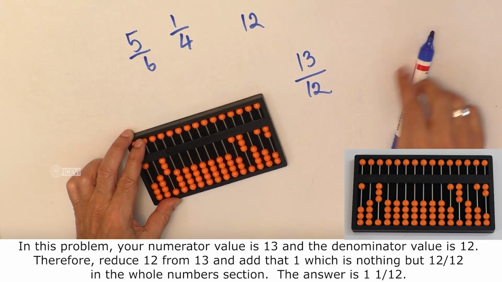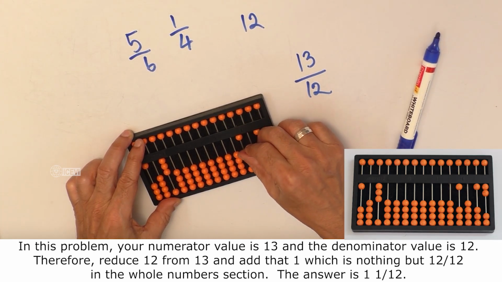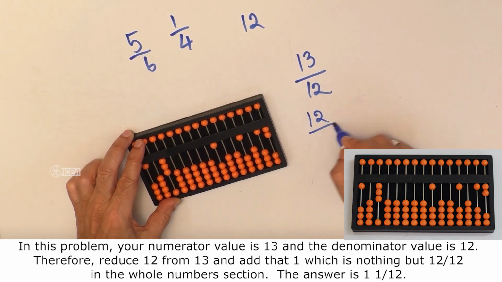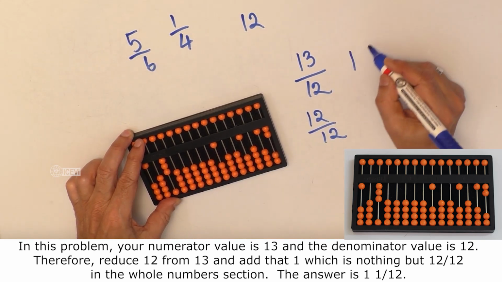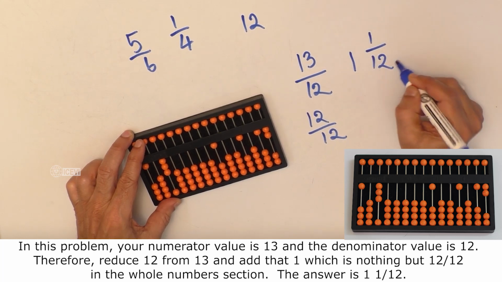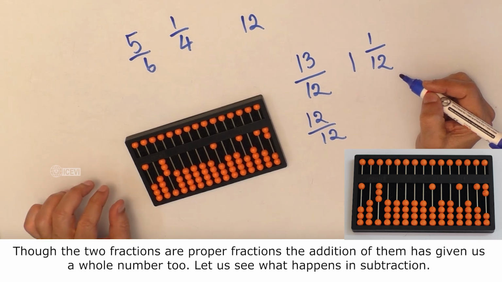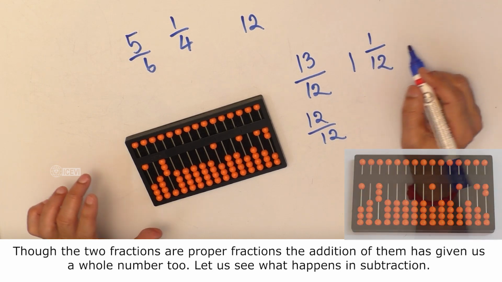Therefore, reduce 12 from the numerator and add that 1, which is nothing but 12 by 12, in the whole number section. The answer you get is 1 by 12. Though the two fractions are proper fractions, the addition of them has given us whole number 1.